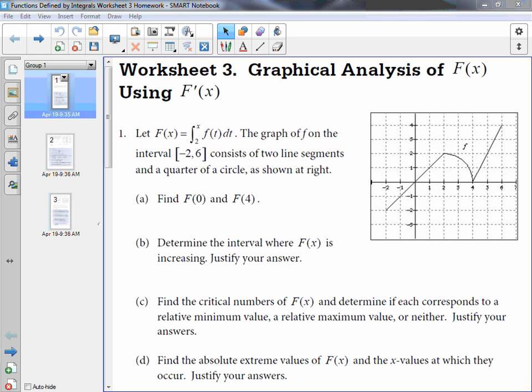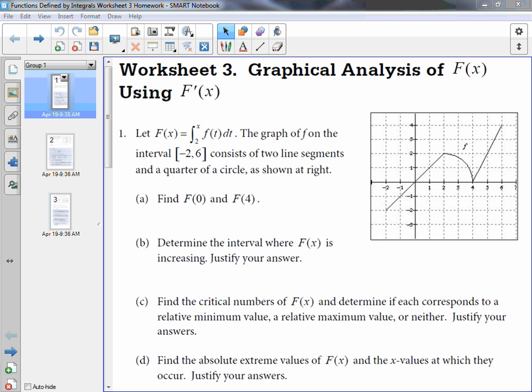When we evaluate, okay? So the graph of little f on the interval from -2 to 6 consists of 2 line segments and a quarter of a circle, as shown at right. They don't always tell us that, but a lot of times they do, because they don't want you to miss it because you just misidentified. You didn't recognize that as a quarter of a circle or something.